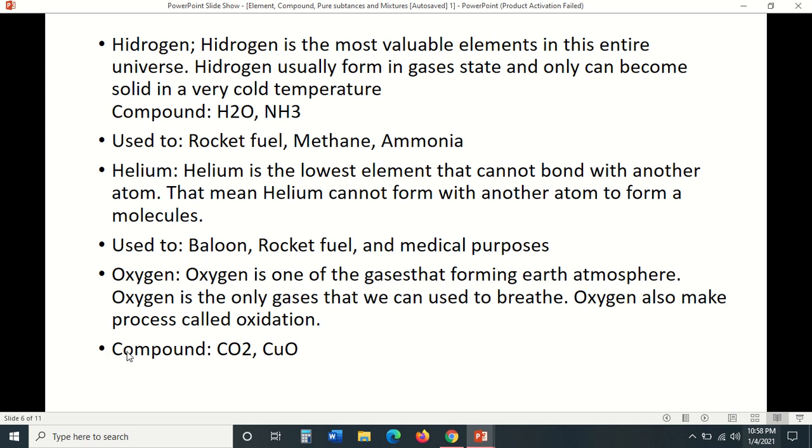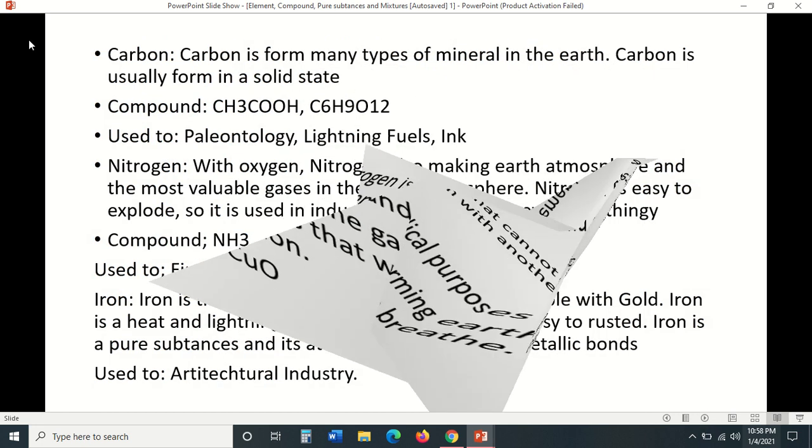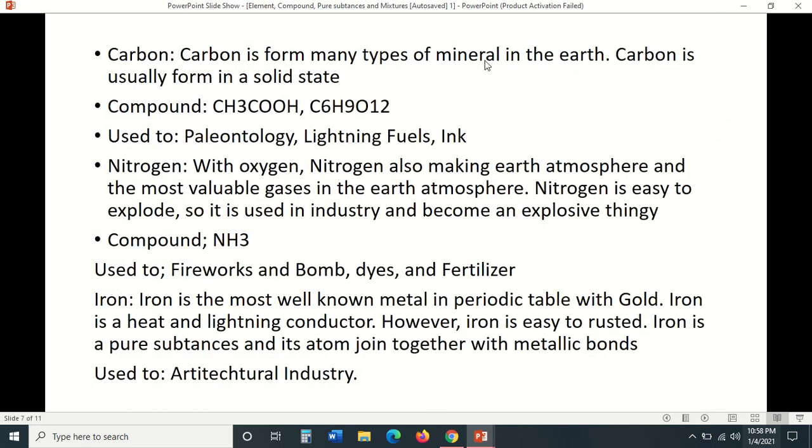Okay, compounds. Oxygen makes compounds like carbon dioxide and copper oxide. Copper oxide is copper that has been oxidized. Carbon forms many types of minerals on the earth, like diamonds and graphite, and carbon is usually in a solid state at room temperature.